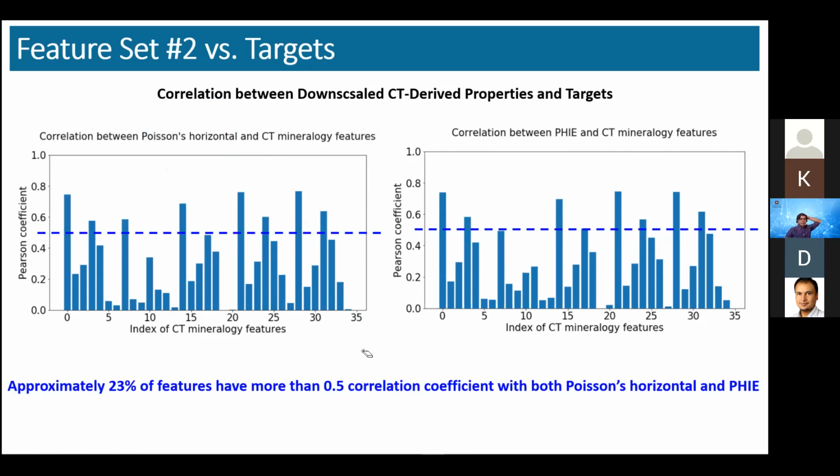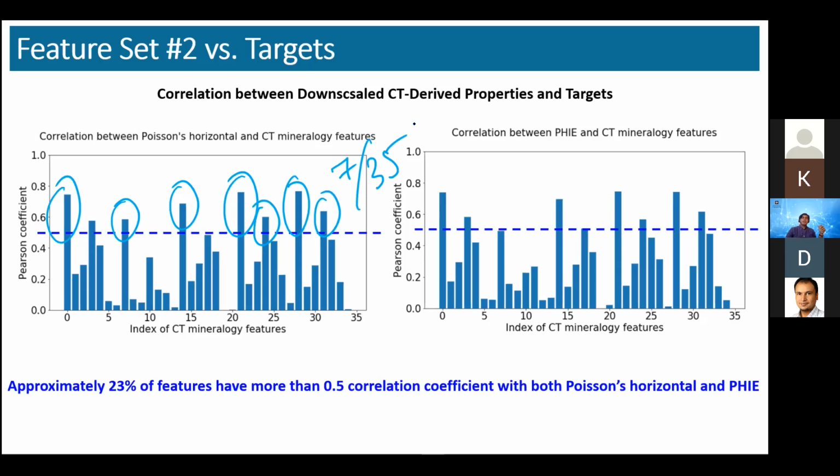So I'll just answer this. What I'm showing you on this screen is that there are only 7 out of 35 features that have enough information or enough strength in terms of their relationship with the target. There are only 7 out of 35. And that's what it is. In most of your work, you will see only a few that have enough strength.